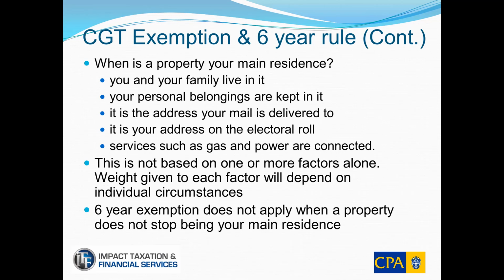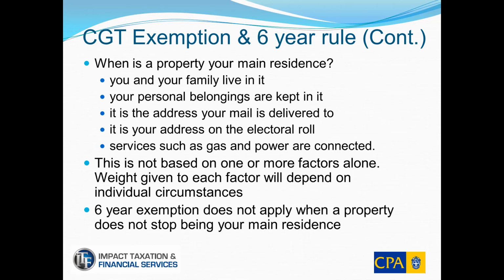All right, and then the last point of the slide is quite important too for people to understand. The 6-year rule or exemption doesn't apply when a property does not stop being your own residence. So what happened, I'll give you one example. Maybe a family will go away to have a holiday a year, say for 3 months.